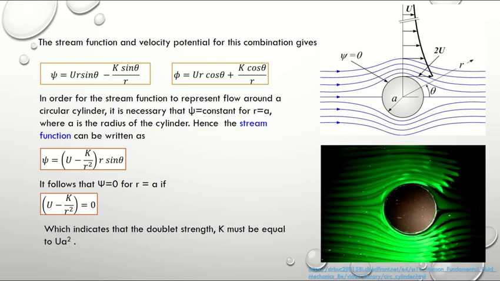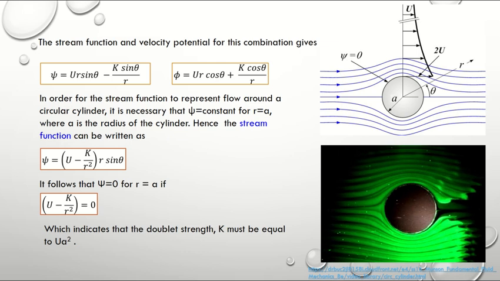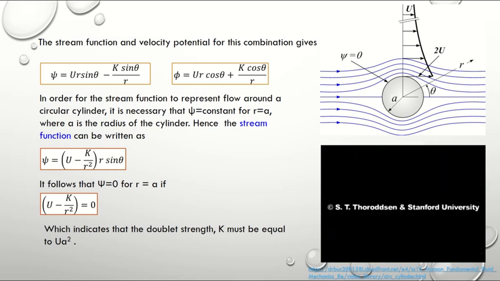A similar streamline pattern could be obtained if the model was removed and a closely spaced equal-strength source and sink pair was carefully inserted into the uniform flow. Note that the flow is symmetrical both top and bottom and front and back.